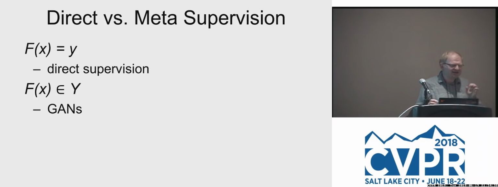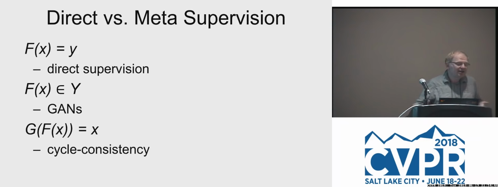So this, and other things, are an example of meta supervision. For example, we talked about cycle consistency, right? That's another example of meta supervision. You're just going to say, I don't know what f of x should be, but I know that g of f of x better be x, right? So again, you give it more freedom, and hopefully it's going to learn more rather than memorize.